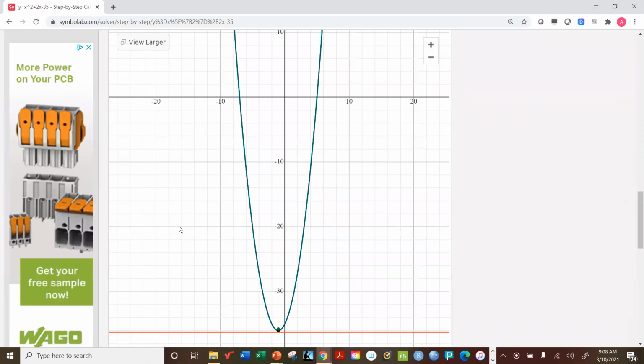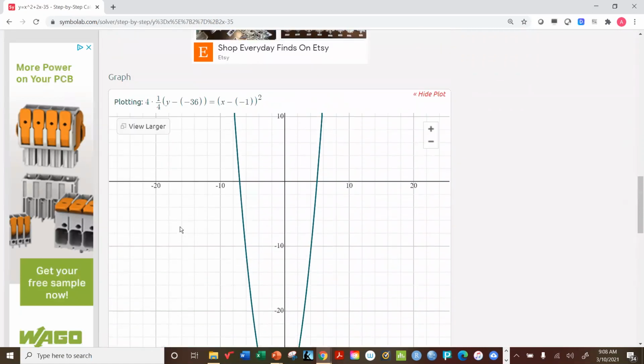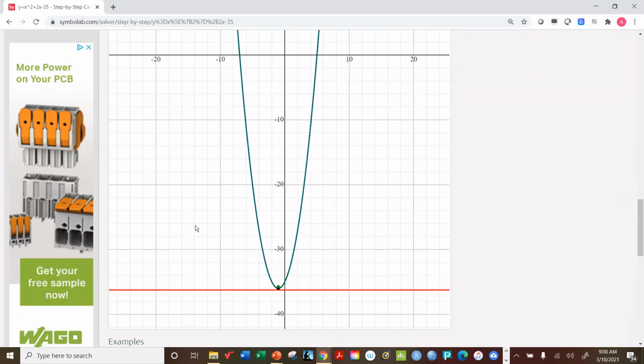Yeah, there it is. Wow, this is kind of weird. But anyway, right about here, I don't know what they're doing here.